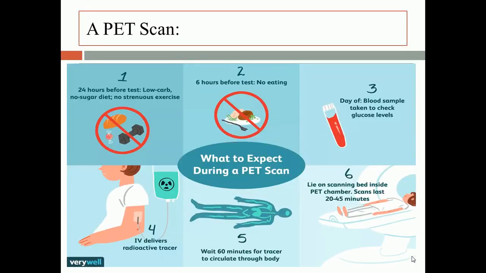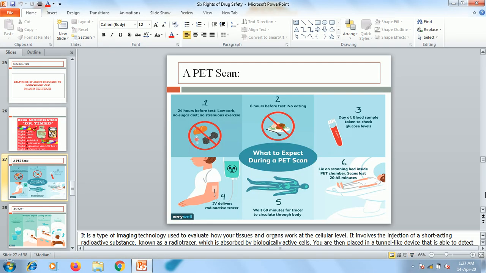Simple as that. So PET scan actually sees this. If there is no problem with the cell, if there is no disease, the cell will function properly.